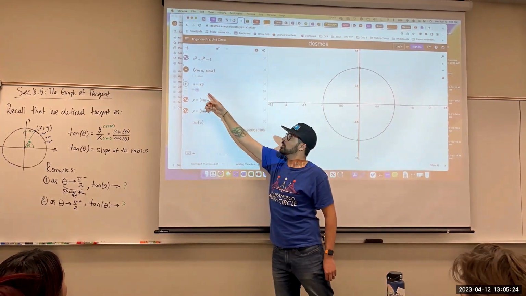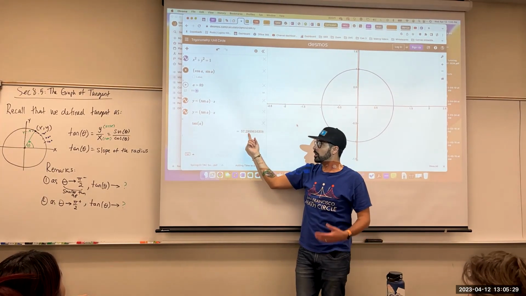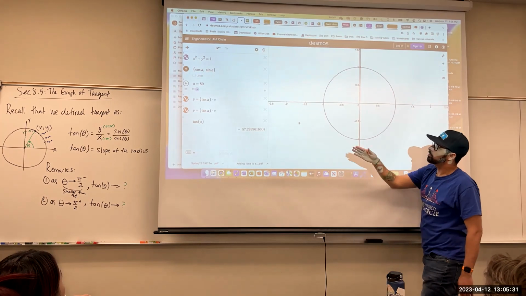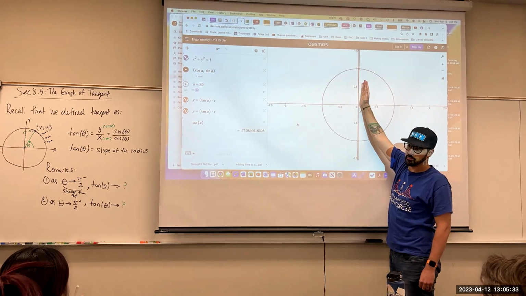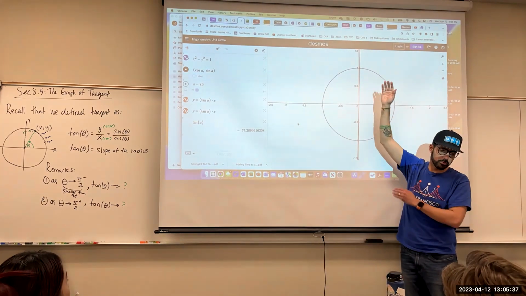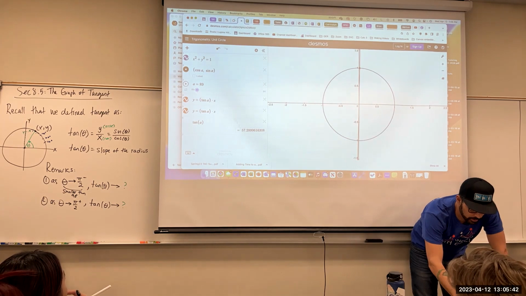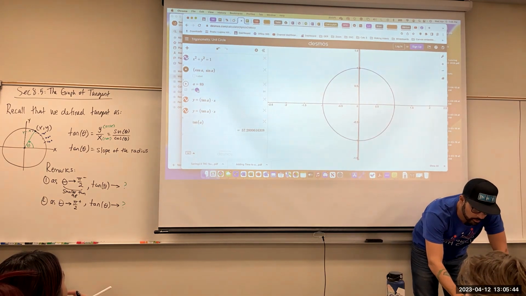Right now, tangent of 89 degrees is 57.2228999 and so on. That's the slope of this radius, the big slope, okay? Because it's super steep, right? Now, as I get closer to 90 degrees, notice the tangent of that angle.